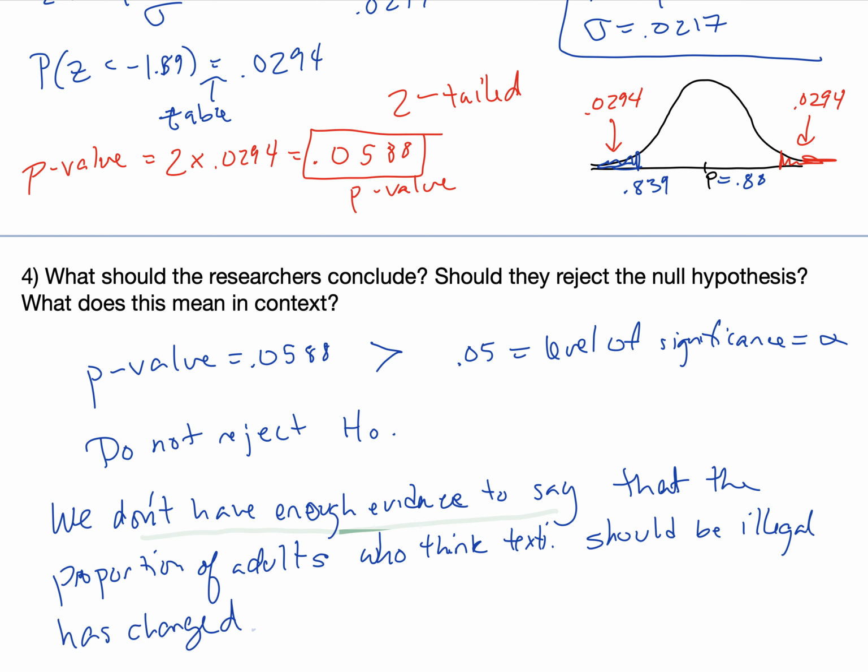So we're not necessarily saying that it has not changed. We're just saying we don't have enough evidence to say that the null hypothesis is false. We don't have enough evidence to say that the proportion of adults who think texting while driving should be illegal has changed between 2004 and 2019.